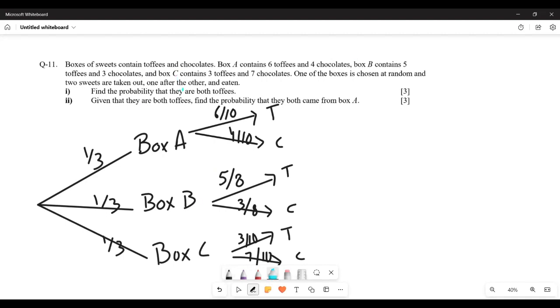Find the probability that, one of the boxes is chosen at random and 2 sweets are taken out, one after the other, and eaten. Okay, two candies are being taken out.